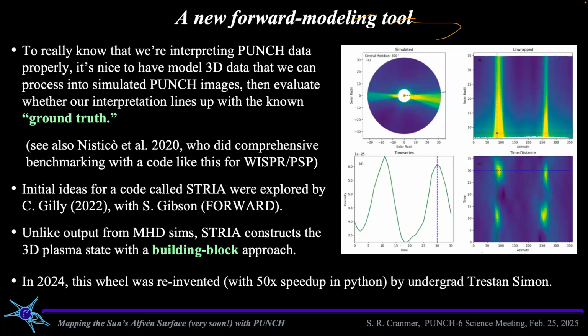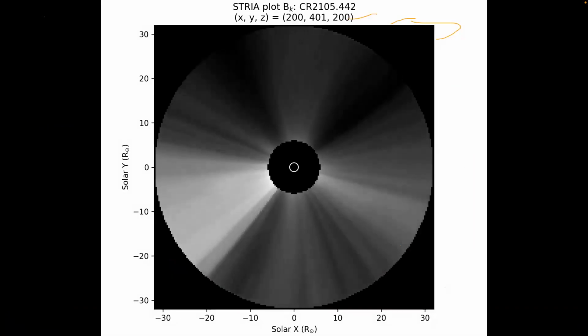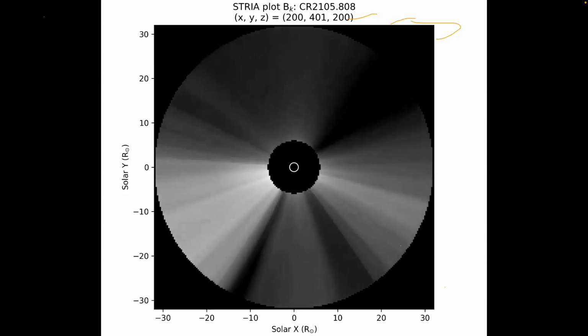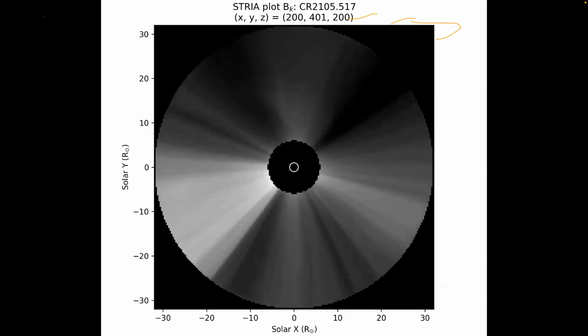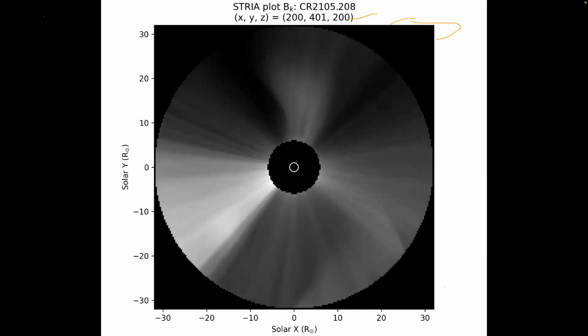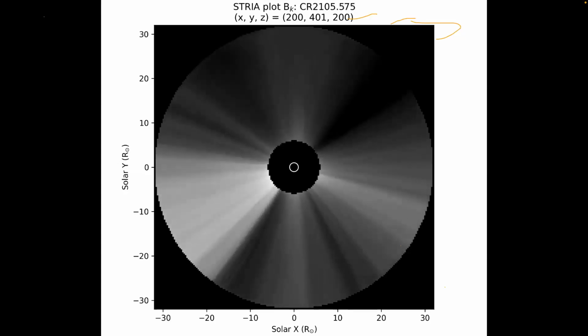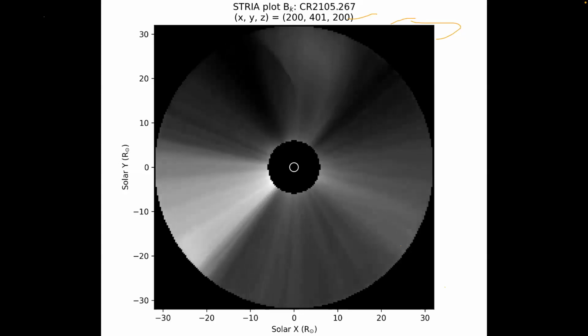So more recently, this code was reinvented in Python with a huge speed up in runtime by undergrad student Treston Simon, and all I'm going to do is just show you a few examples of movies. Here's one just with a 3-dimensional distribution of striations throughout the corona, plus blobs that are propagating both up and sometimes down in a simulated NFI field of view.